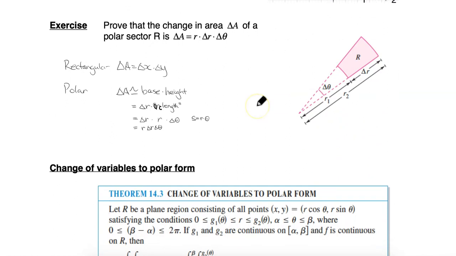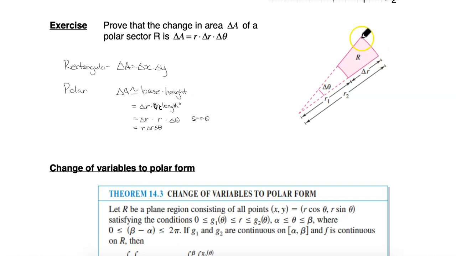So, a little intuitive introduction to how we change from rectangular to polar coordinates. If we have a certain region, and it's a very small region that we will call A, then that area, instead of being x times y, base times height, in polar coordinates the base is delta r, multiplied by the height.